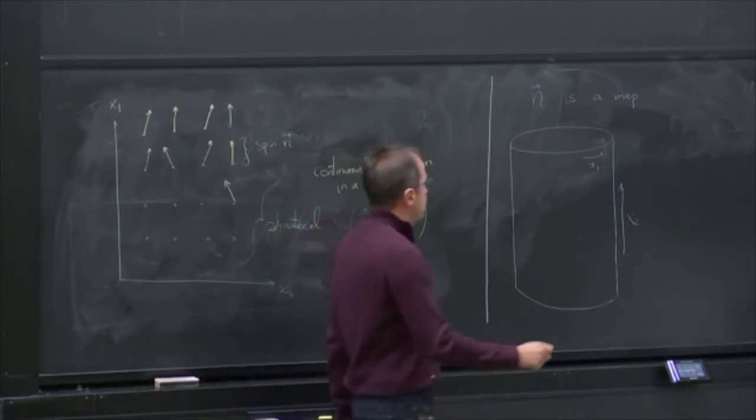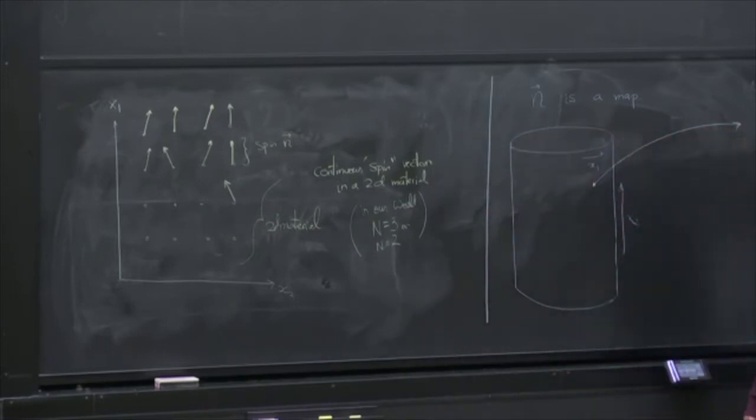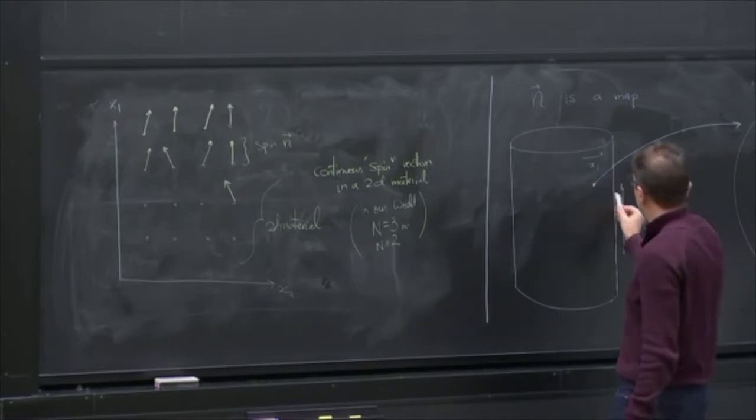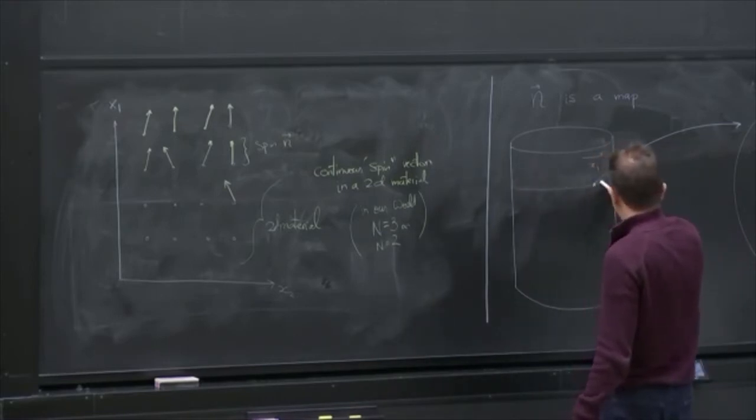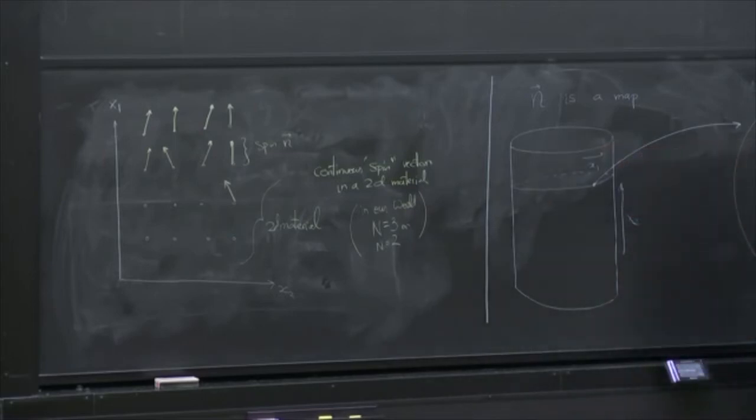And then for each point x1 and x2, you get a point in a sphere. So you take that point, here is a sphere, and to each point you get a point here in the sphere. And so if you ask what happens at fixed time, then at fixed time you have some shape here in the sphere.